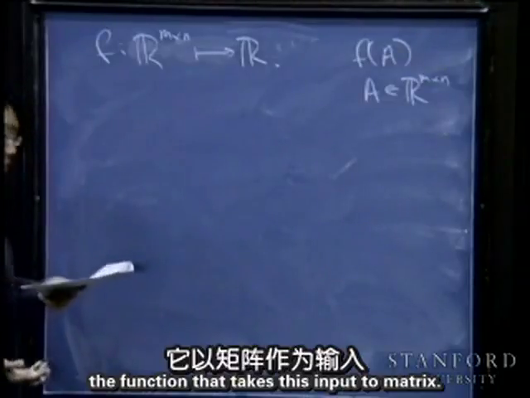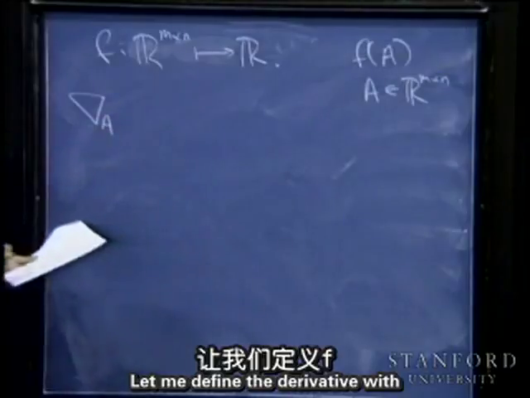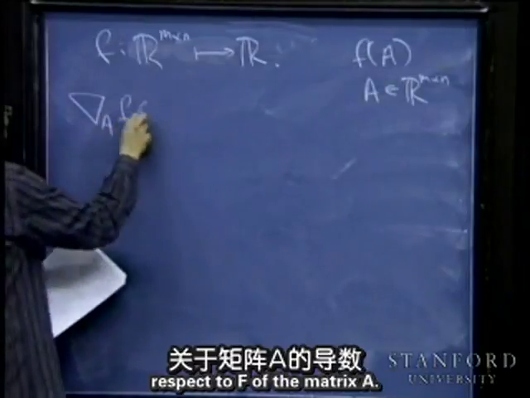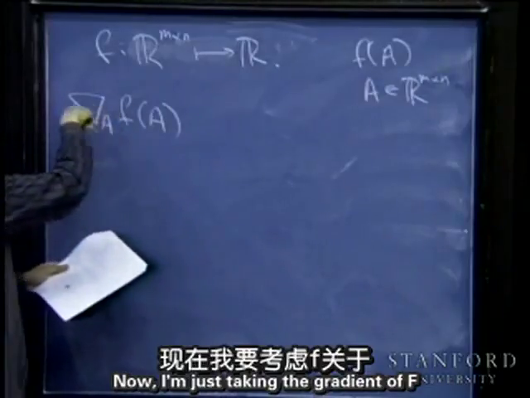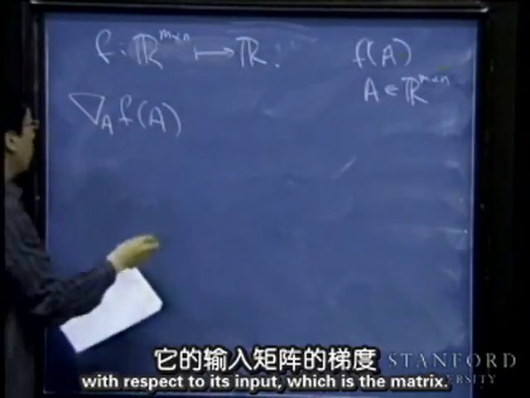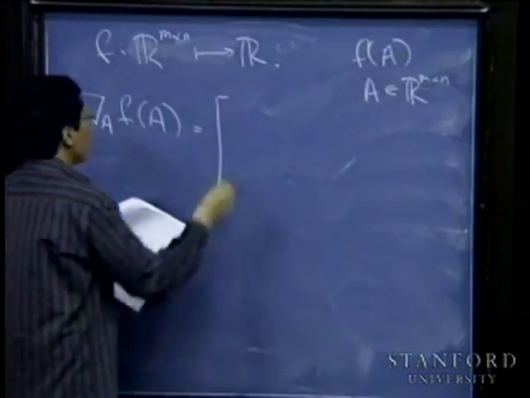It's a function that takes as input a matrix. Let me define the derivative of f with respect to the matrix A. Now this is taking the gradient of f with respect to its input, which is a matrix. I'm going to define this itself to be a matrix.